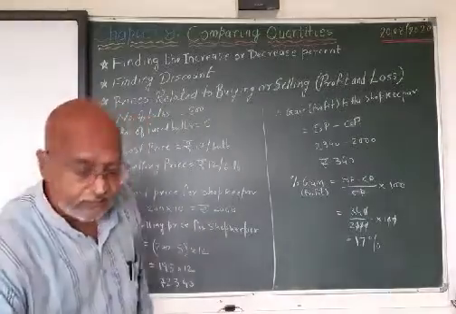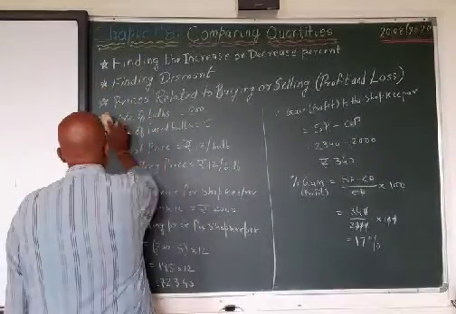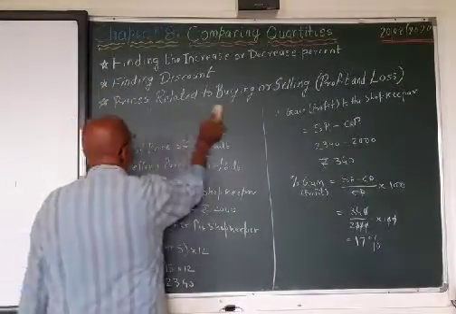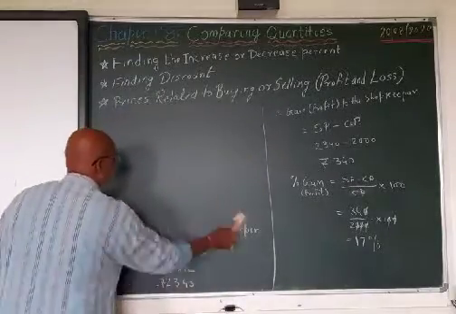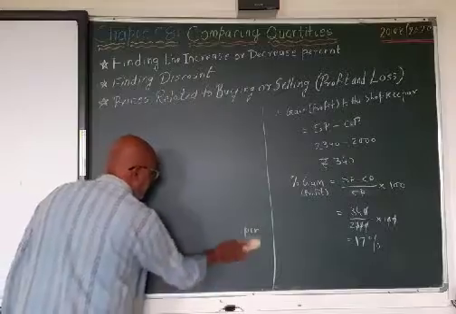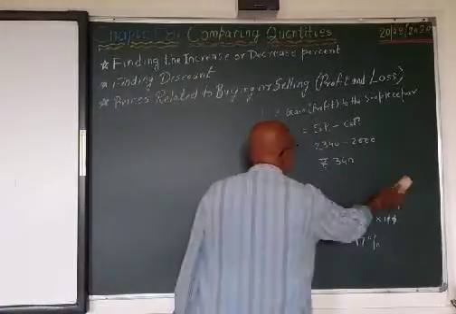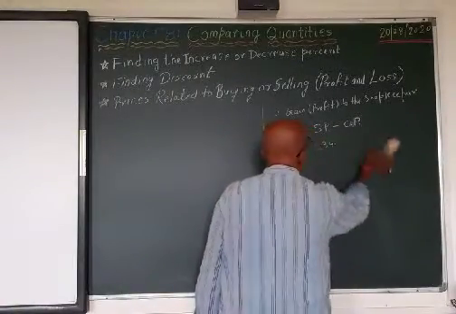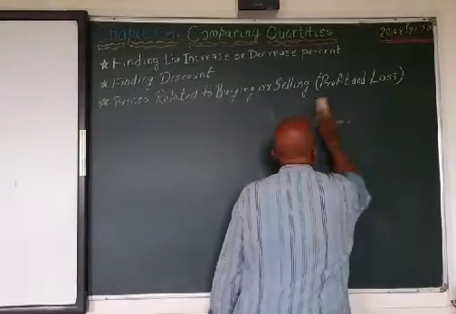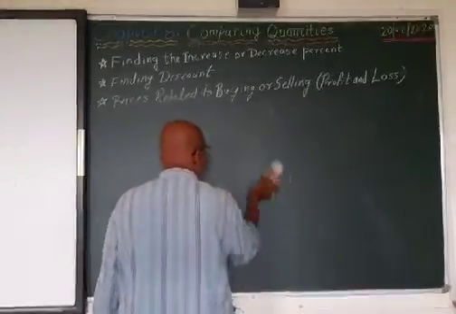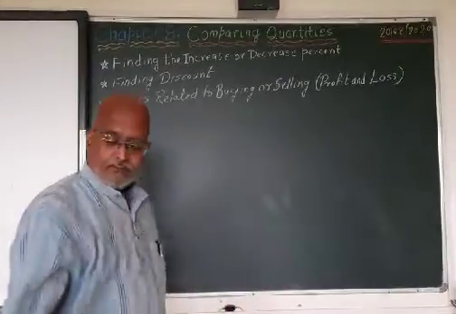So first, before going ahead, I will write some formulas. You have to note down those formulas so that it will be easy for you to solve the numericals based on profit and loss.